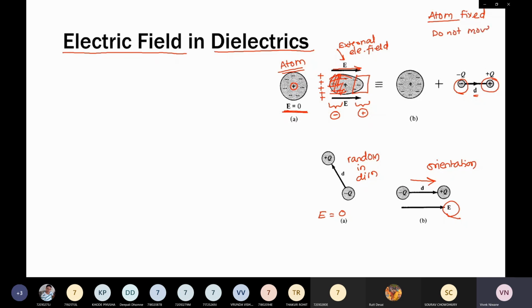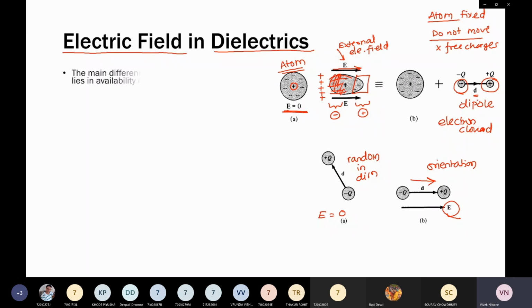They do not move. Dielectric materials do not have any free charges. Whatever is happening is happening to the electron cloud around the nucleus inside the atom, and due to that we are creating a dipole inside the dielectric material.